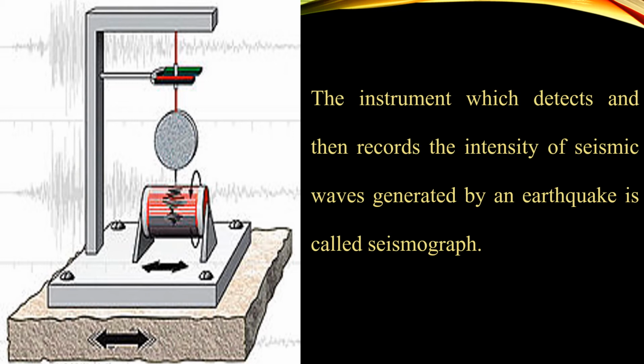When the earth shakes, the fixed base also shakes and the suspended ball moves with respect to the fixed base. The pen tip records this movement on the sheet of paper. This is the output of the seismograph, and this recording is called seismogram.